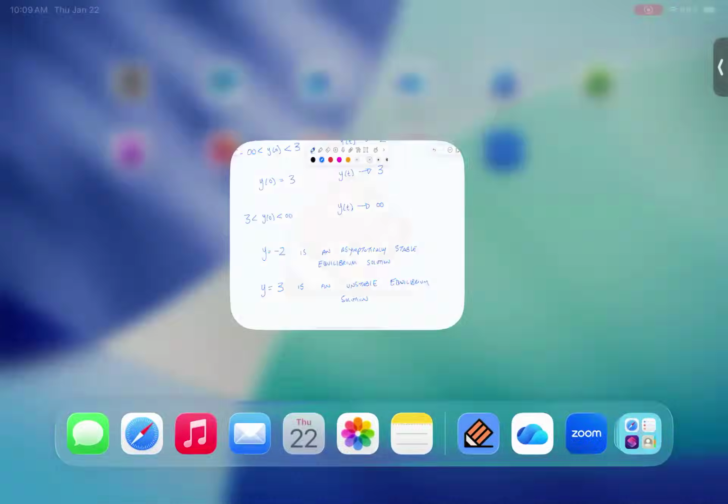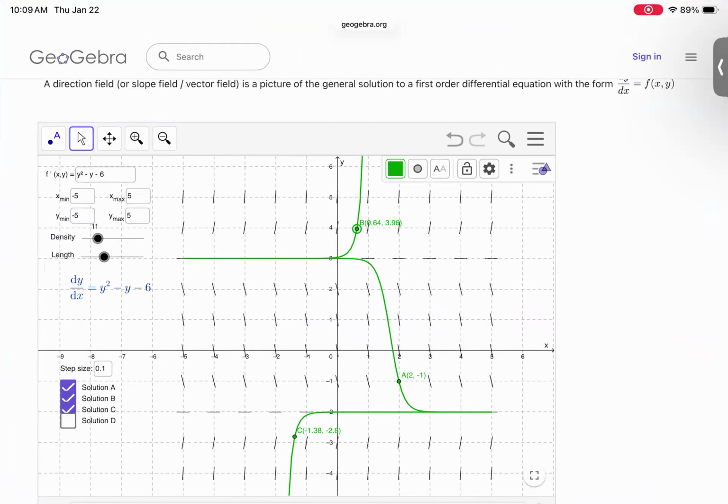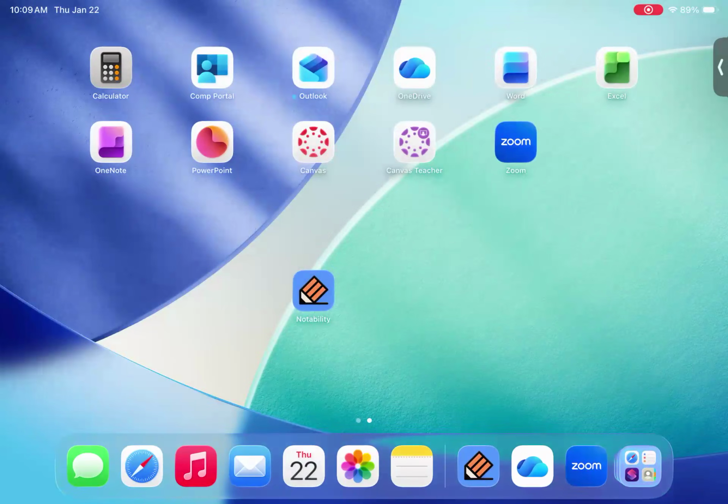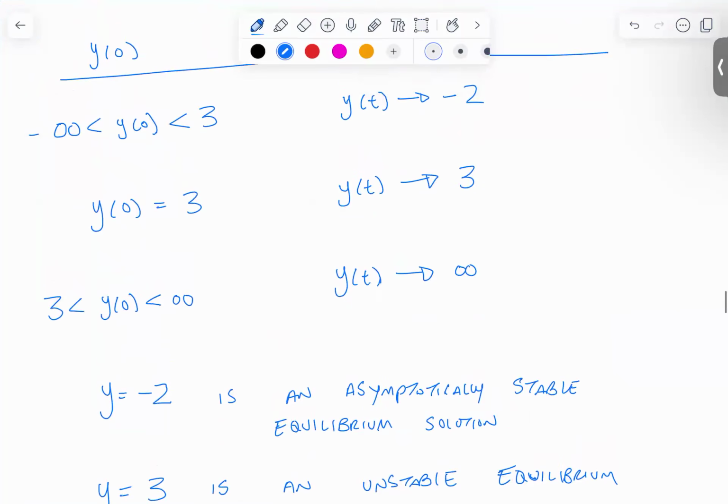That was everything from the picture. I already forgot. Okay, let's see. -2 was asymptotically stable. 3 was unstable. And then it was -infinity all the way to 3, excluding, went to -2. Oh, and that also reminds me.